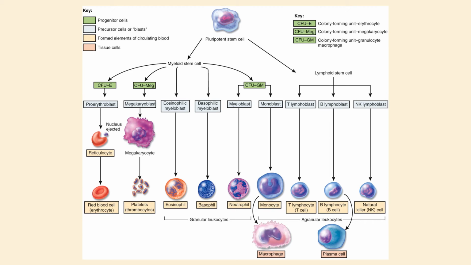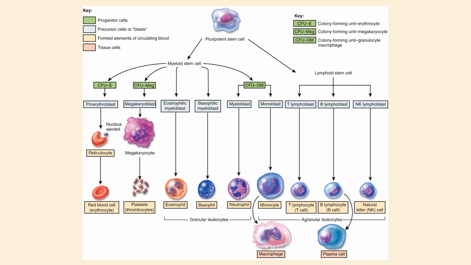Kidney cells, for example, release a hormone called erythropoietin. Erythropoietin increases the production of red blood cells specifically. So these signaling molecules that are in the environment of a pluripotent stem cell determine if that pluripotent stem cell is going to go on to develop into a myeloid stem cell, shown on the left, or a lymphoid stem cell, shown on the right.